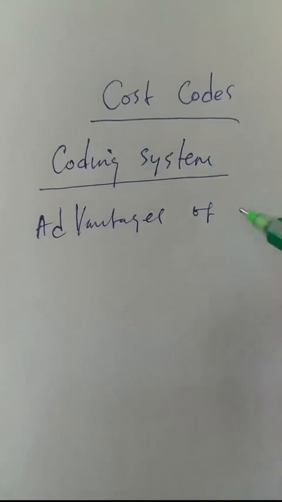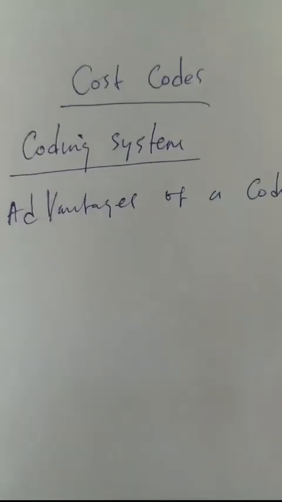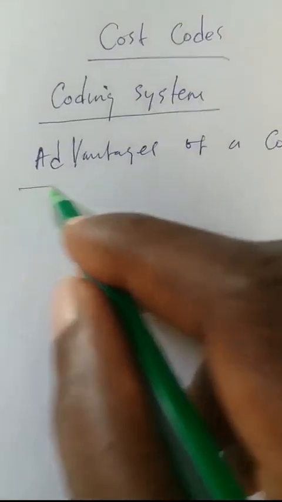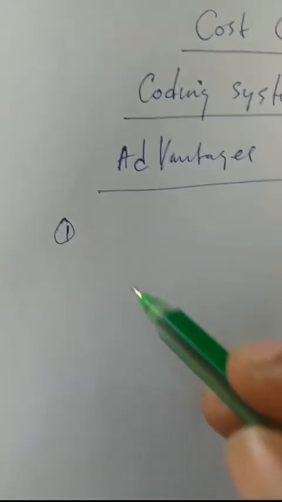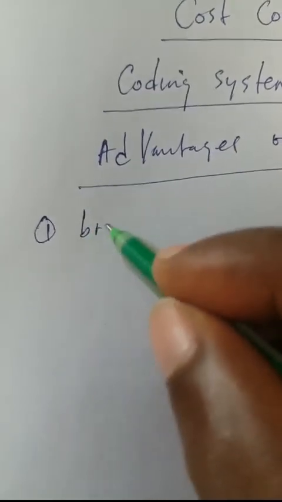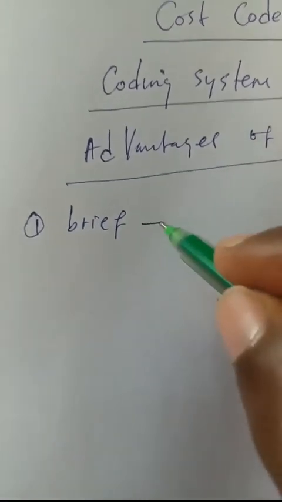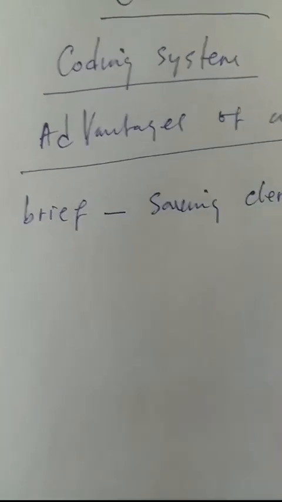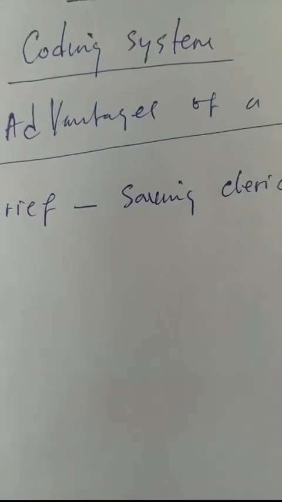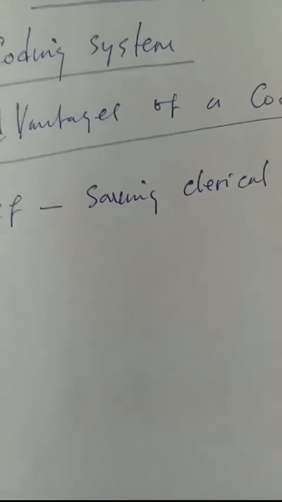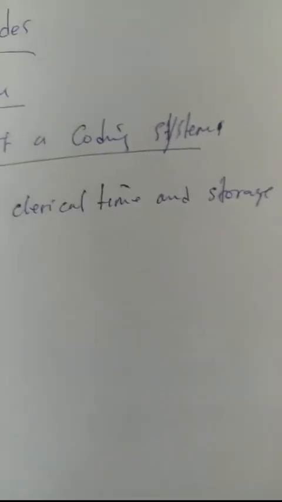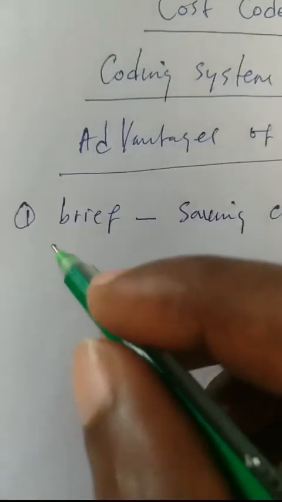The advantages of a coding system. Number one, codes are brief, therefore saving clerical time and storage space if you are using a computerized system.